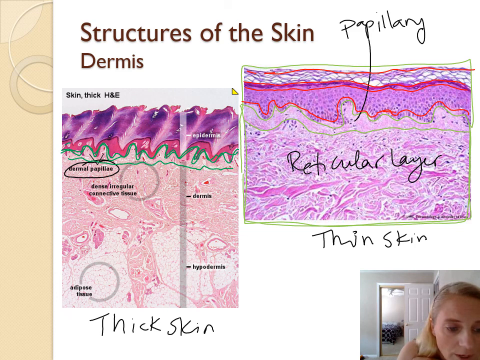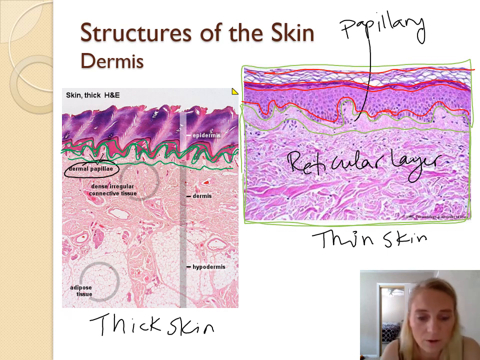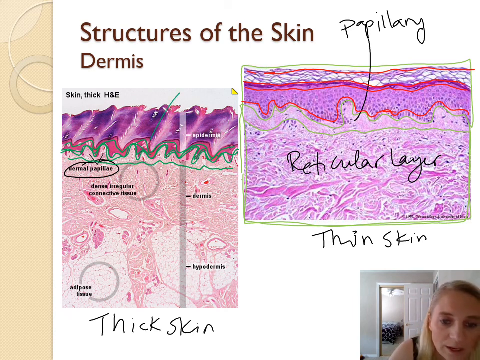And then we're going to have stratum spinosum, kind of that dark pink layer. And then sitting right on top of that, oh, it's not looking good. Right on top of that, maybe I'll just draw an arrow. This is going to be the granulosum. And then you can kind of barely see a really pale line, and that's going to be our stratum lucidum. You can kind of see it right under the word epidermis there.